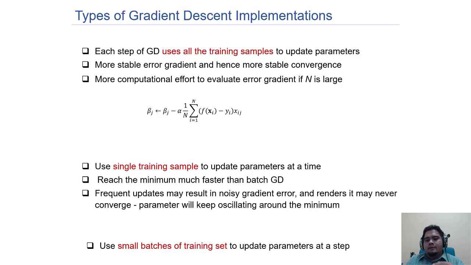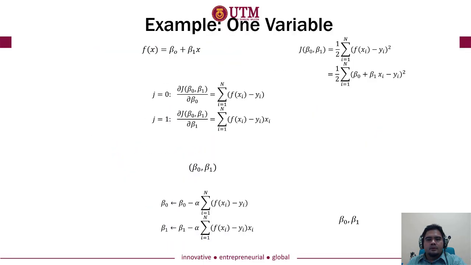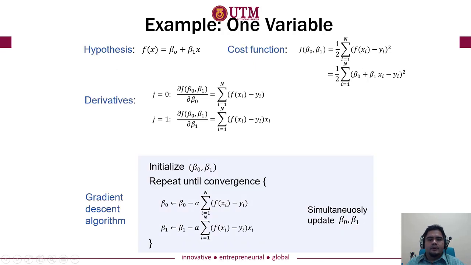Okay, but if you realize that, if you go back to this discussion, you can see over here that for every one cycle of looping, in each cycle you will update your beta.